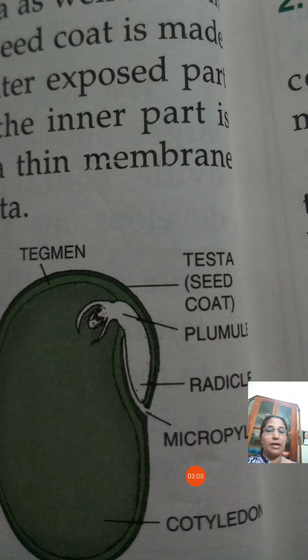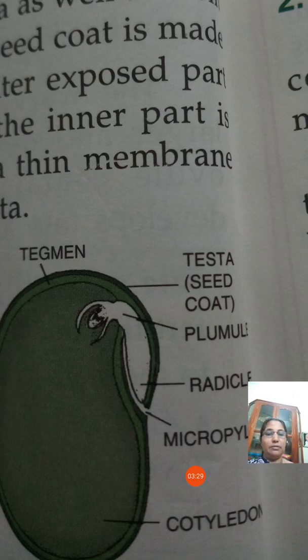You know that all seeds have a seed coat. Here you can see the testa, the seed coat, in the diagram. That will break and more air will be available to the seed.